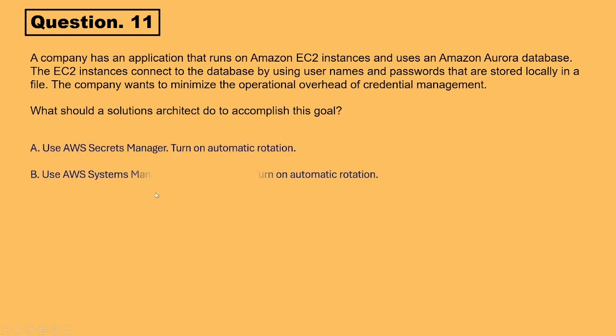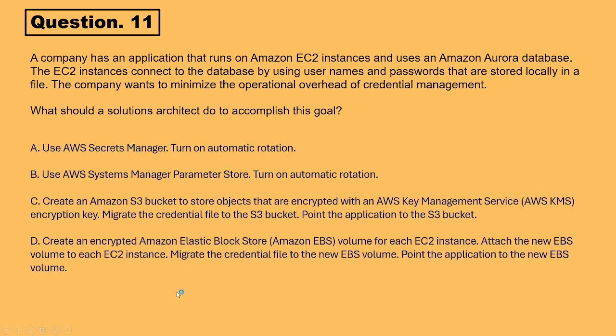And here are the options. You can go through all these options, take your time, and then try to guess the answer. Okay, now let me reveal the correct answer. The correct answer here will be option A, use Secrets Manager and turn on automatic rotation.